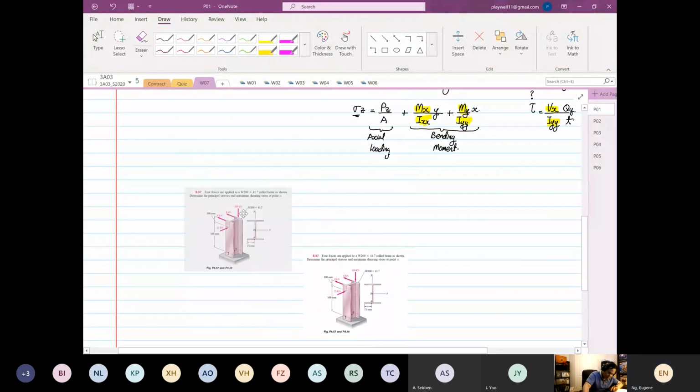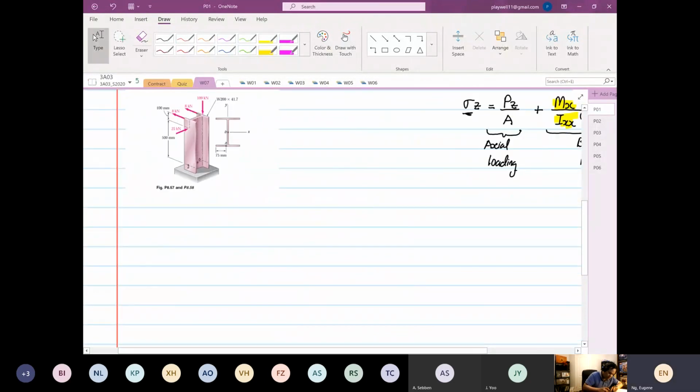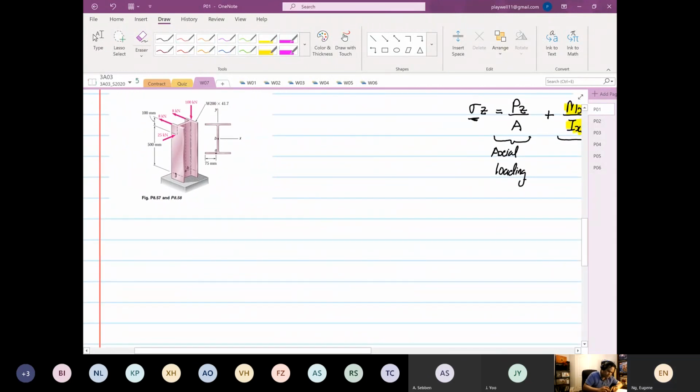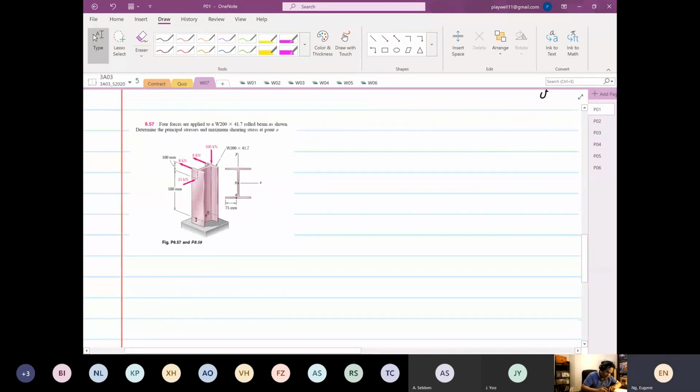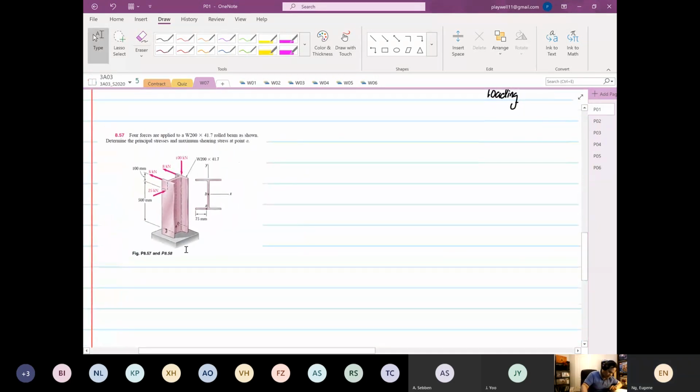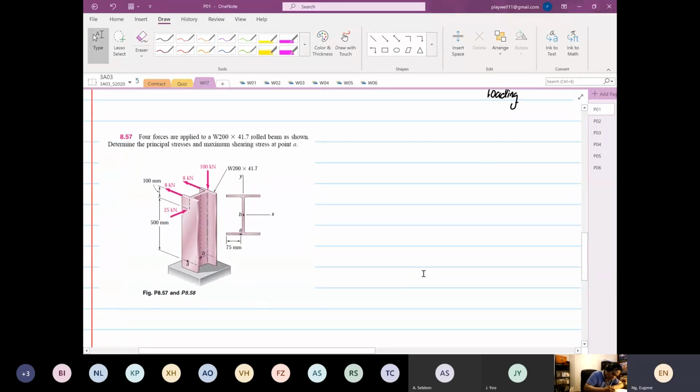Now we're going to view this. I'm going to have my x, and this is my z. So I'm going to view along z, and this will be my rotation about y.